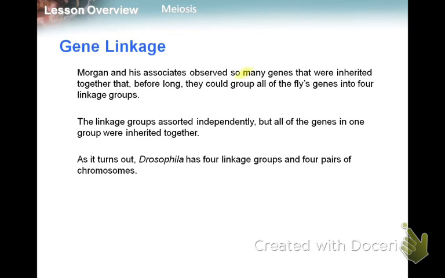They saw this with so many genes being inherited together that they could group all the fly's genes into what we call 4 linkage groups. The linkage groups assorted independently, but all of the genes in one group were inherited together. Interestingly enough, Drosophila has 4 pairs of chromosomes, which were the 4 linkage groups.